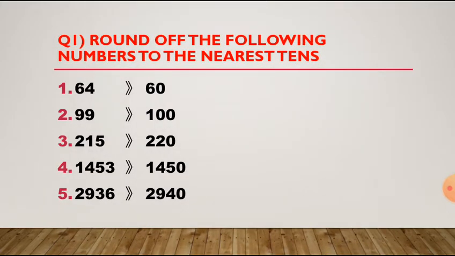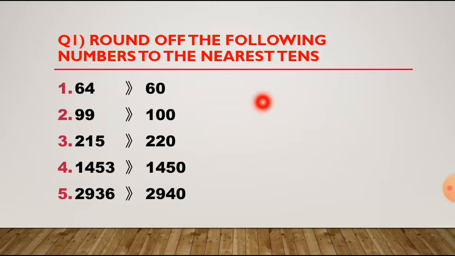So here we are discussing some questions. Round off the following numbers to the nearest tens. Everyone, learn the rules by heart first, then only we can easily answer these questions. To round off numbers to the nearest tens, we have to check the digit at the ones place.